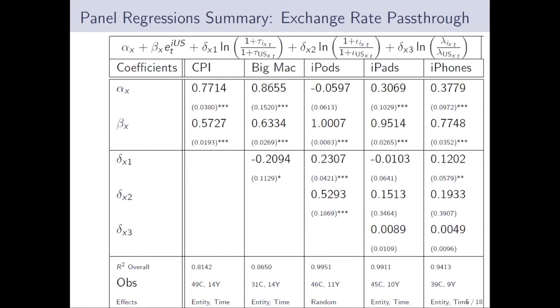This initial data set is only from about 2007 to 2020, and I think iPods dropped off around 2017. But it was an annual data set that I scraped on about 50 countries over these last 13 years.